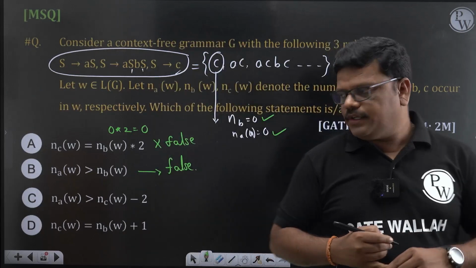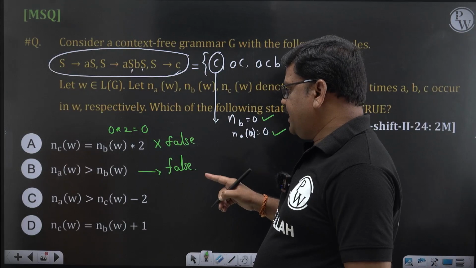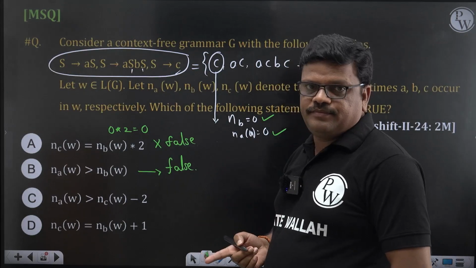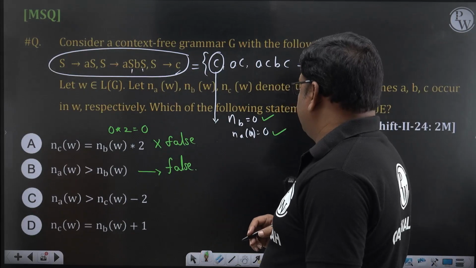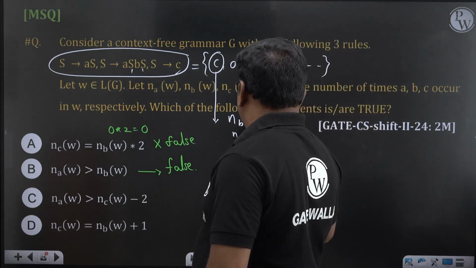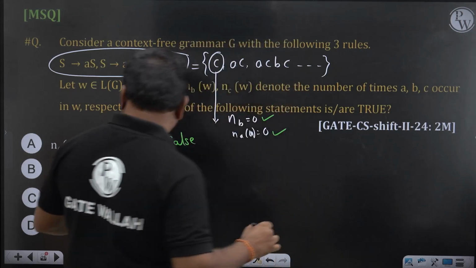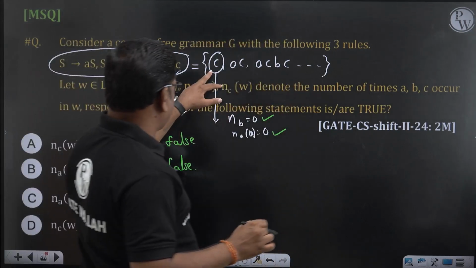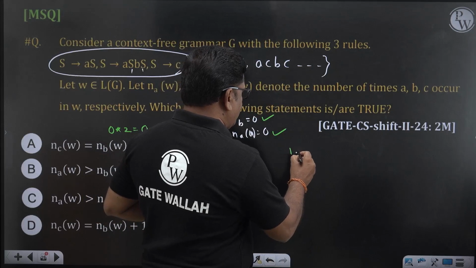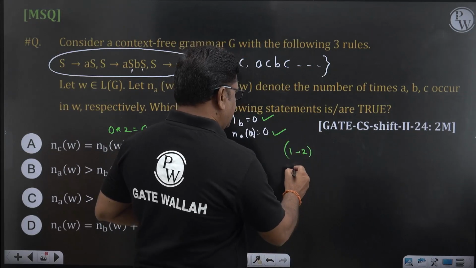Now, come to the third one: number of A's greater than number of C's minus 2. Take any example. With the same example, what is the number of C's here? Number of C's is 1, 1 minus 2 is minus 1.